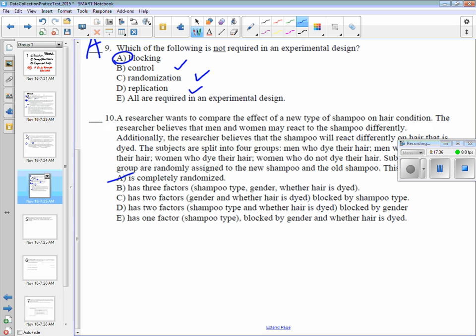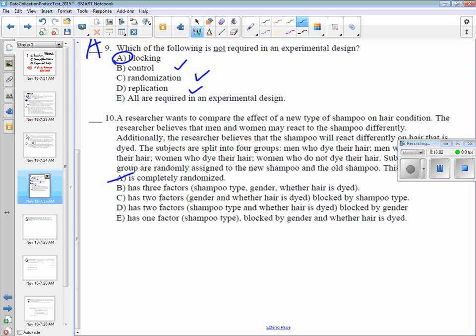So I control a shampoo and that's it. There are 2 blocking. I'm blocking twice. I'm blocking by the gender, and I'm blocking by whether the hair is dyed or not. Now, what if that one factor had different levels? It doesn't in this case, but give me an example where I could have multiple levels within an experiment. Again, it's something I control.